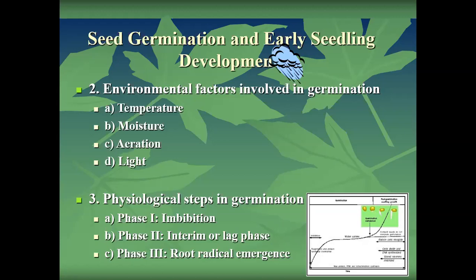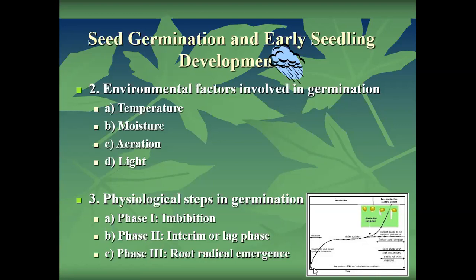Okay, so carrying on with germination, the physiological steps. As you'll recall, the first major stage has three phases, which is the imbibition. Remember, imbibition is a very rapid process, as you will see here.